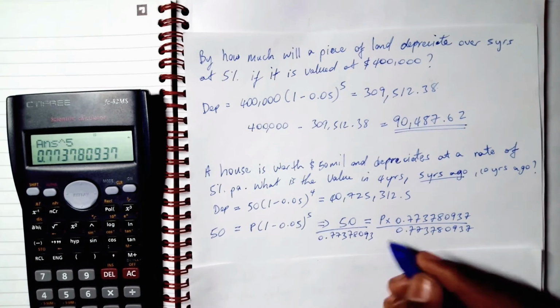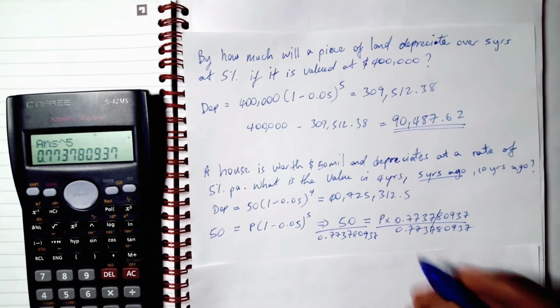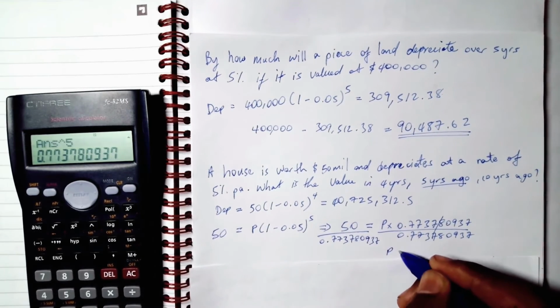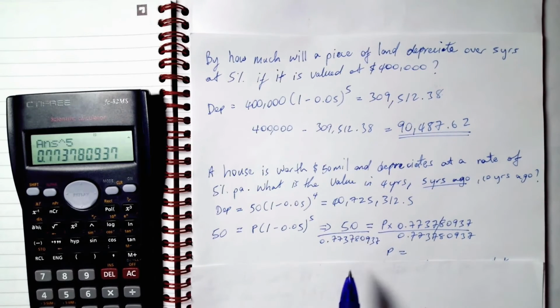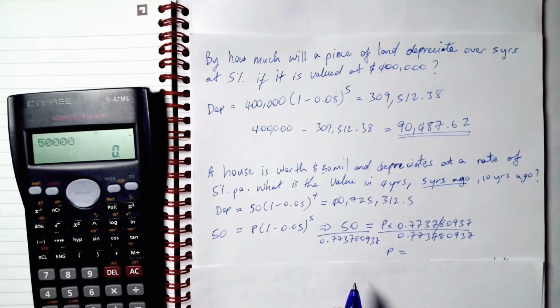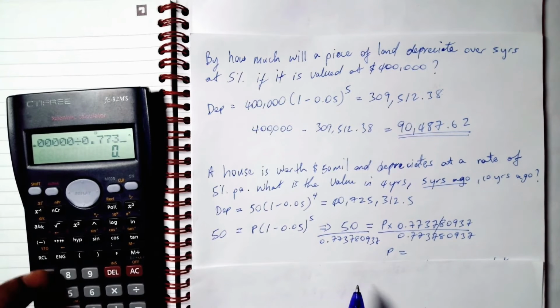We need our numbers to be accurate, especially with these big numbers. So now this and this cancel, and P is equal to the quotient of this. Divide 50 million by 0.77378937.